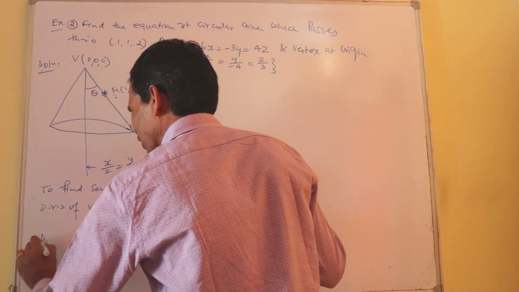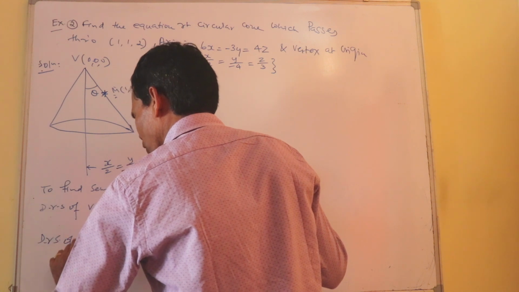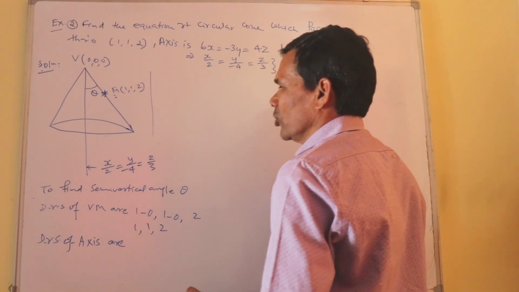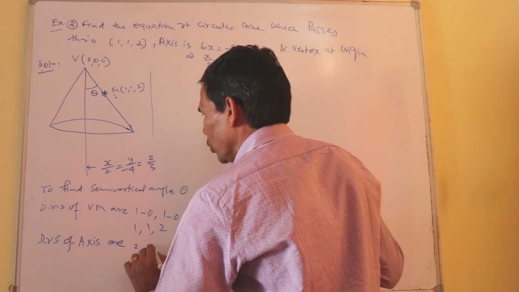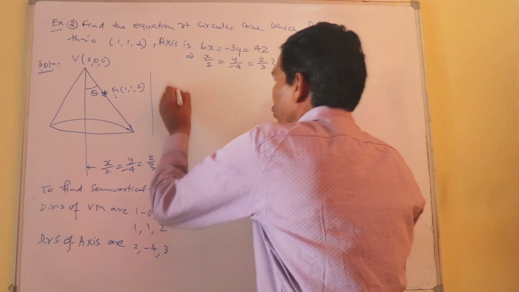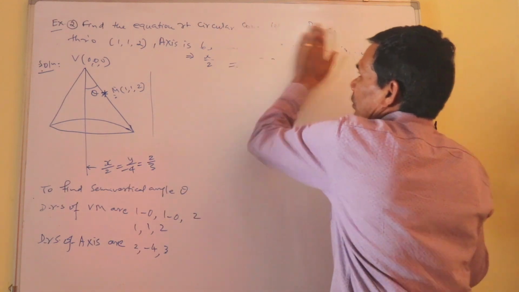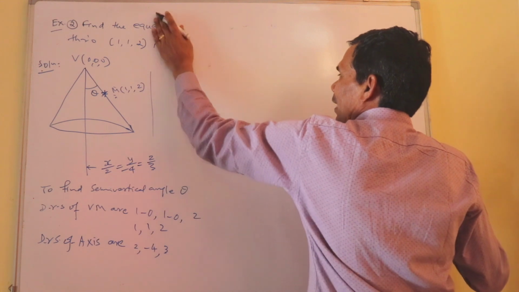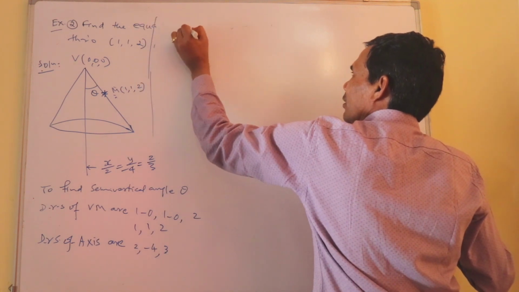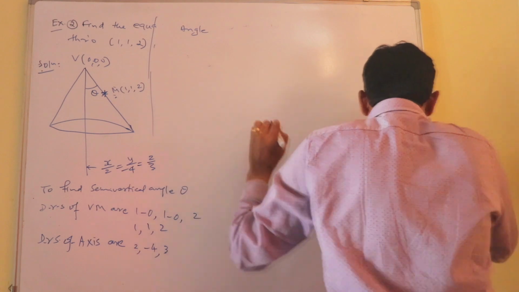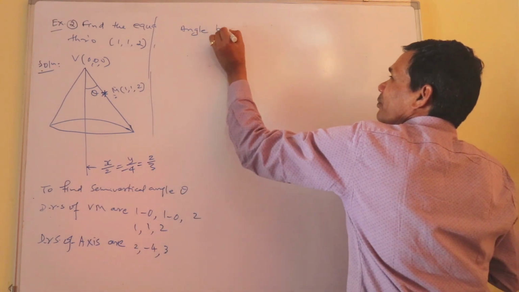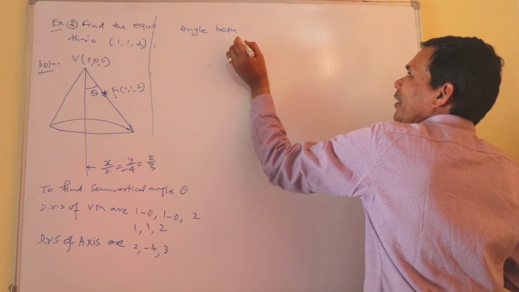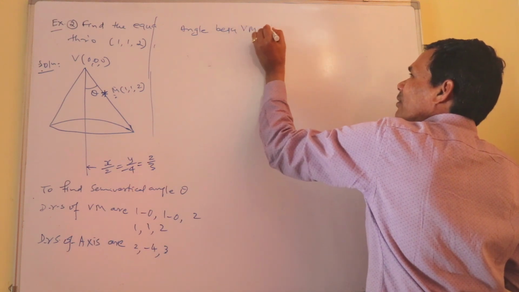The direction ratios of the axis are 2, minus 4, 3. So we find the semi-vertical angle, the angle between VM and the axis.